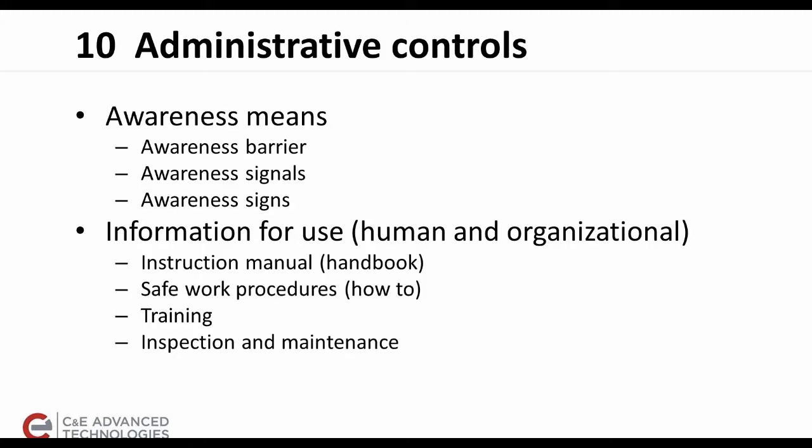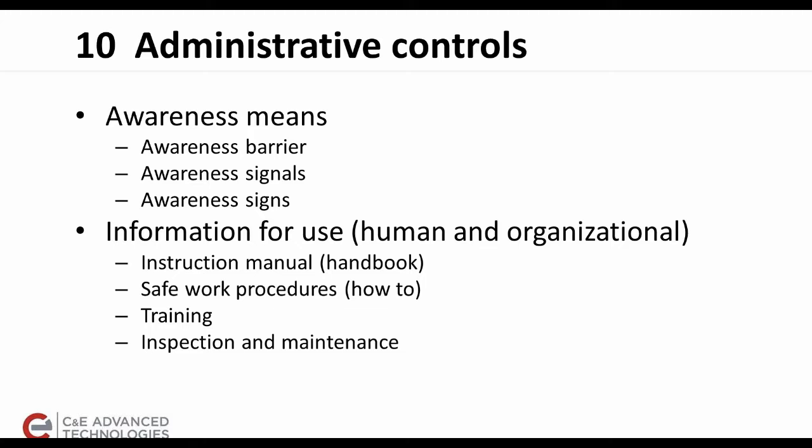In the last clause, clause 10, we have the awareness means. Awareness barriers are devices that give you a physical, tactile indication that you're approaching a hazardous zone, but do not prevent you from getting there. Such things as a chain across the front.